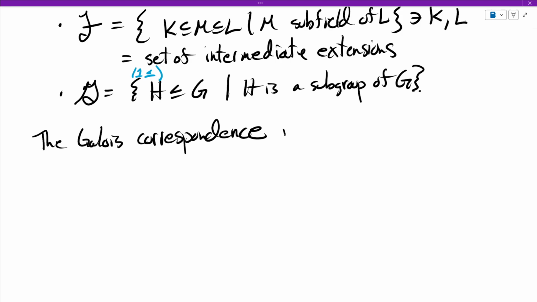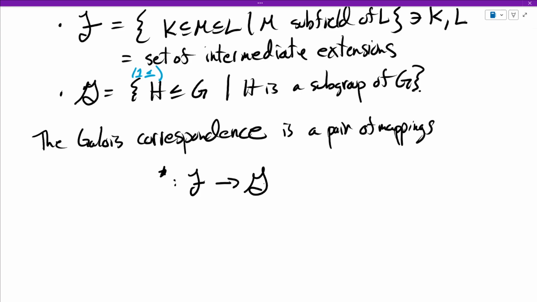So the Galois correspondence is a pair of mappings: star, from F to G, and dagger, from G to F. And these are superscripted because really we have to fill in an argument here. Okay. So star goes from intermediate fields to subgroups of the Galois group, and dagger goes from subgroups of the Galois group to intermediate extensions.